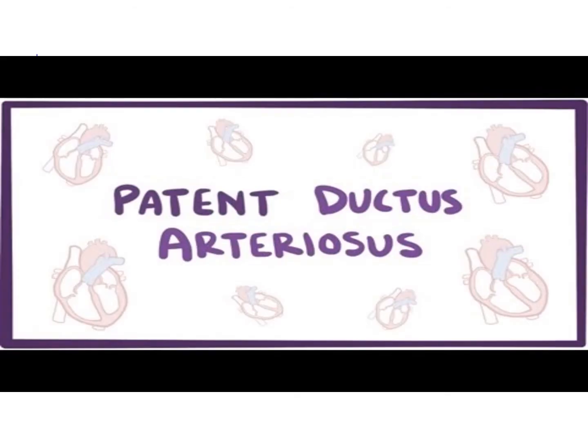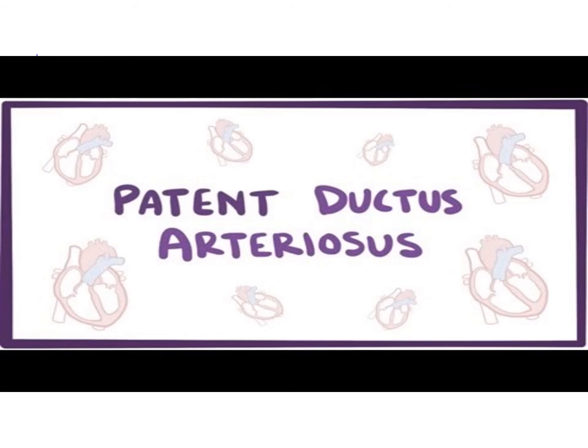Patent ductus arteriosus, PDA, is increased pulmonary blood flow. Going back to our adaptations, where is the ductus arteriosus located? Give you a second. So remember, this is between the pulmonary artery and the aorta.